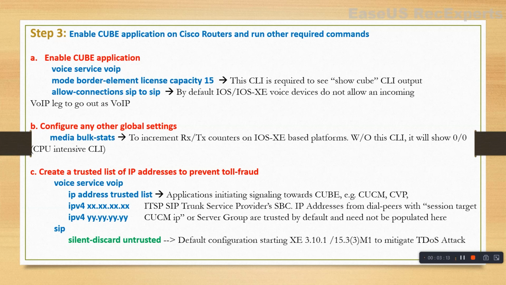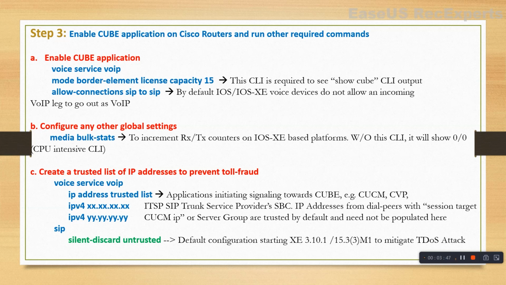Now, by default, the IP addresses added under a dial peer with session target, or when you create a server group, those IP addresses are by default trusted. You don't have to add those IP addresses here. Okay. So IP addresses in front of session target and in server group configuration are trusted by default. We don't have to add them here. Else you have to add the IP addresses.